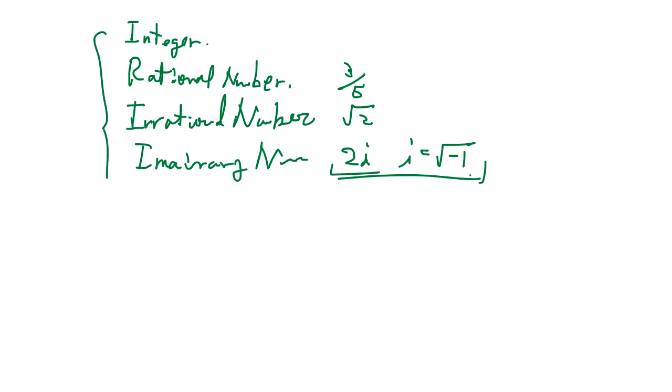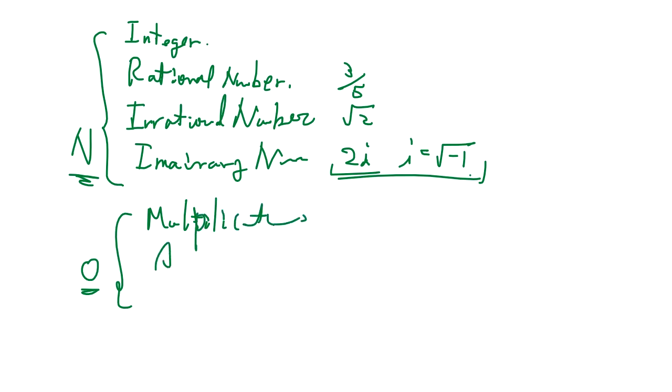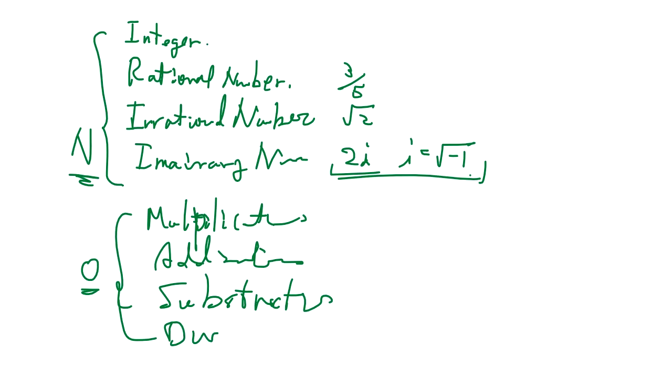So, besides the types of numbers, there are operations: multiplication, addition, subtraction, and division, and maybe square root, right?